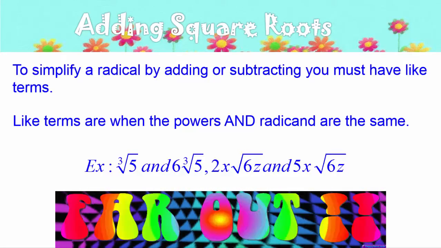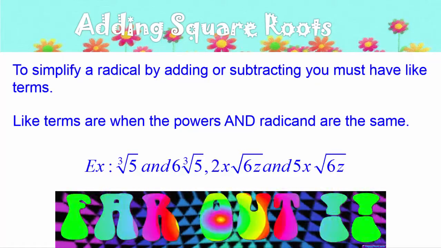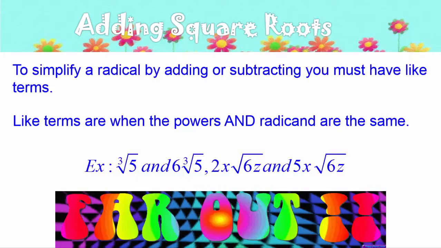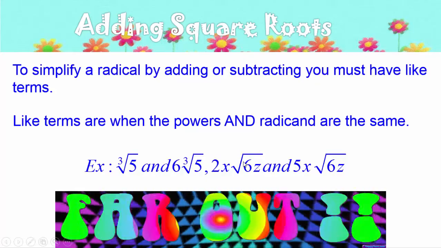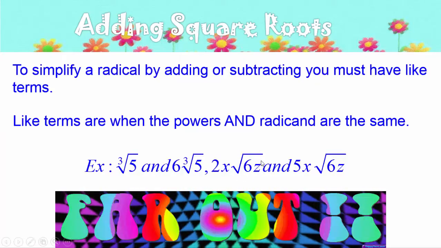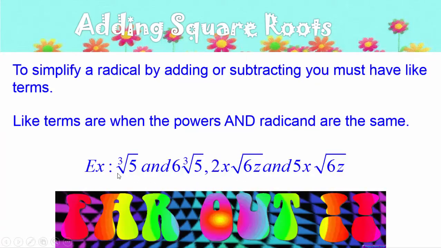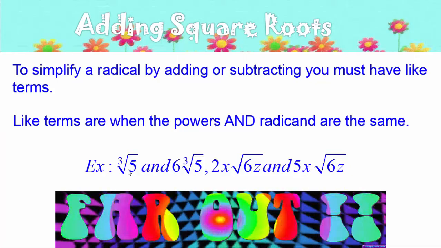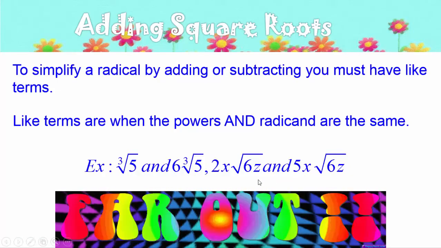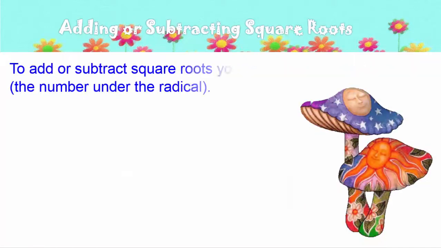2x square root of 6z and 5x square root of 6z can also be combined because they have the same radical, which has the same index and the same radicand. So in this one, if we combine these two, we would get 7 cube root of 5. And if we combine these two, we would get 7x square root of 6z.